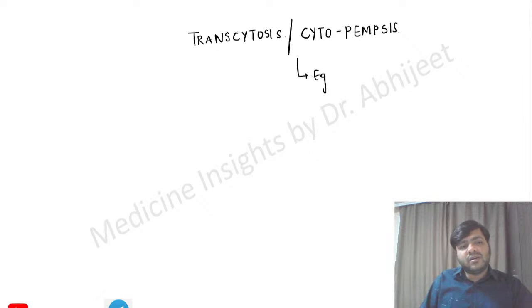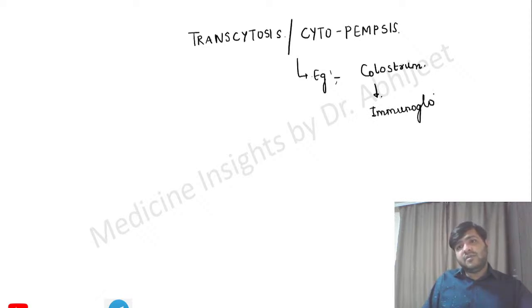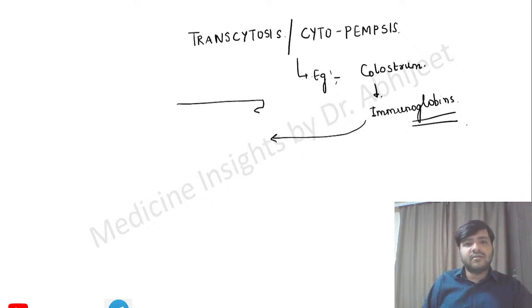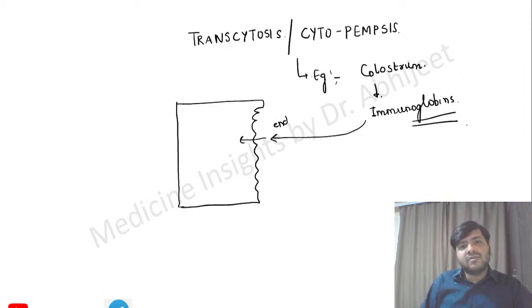Example you have to remember over here is colostrum. Colostrum is present in the mother's milk, and immunoglobulins are synthesized from it. The first immunity the baby gets is derived from the colostrum present in the mother's milk, and these immunoglobulins enter the cell via the process of endocytosis.